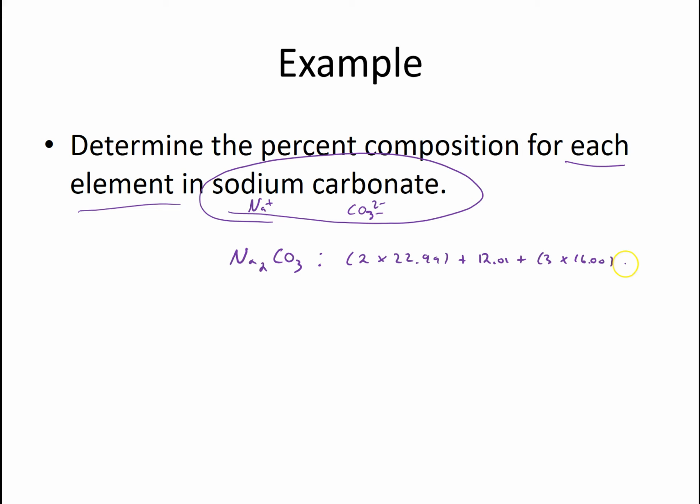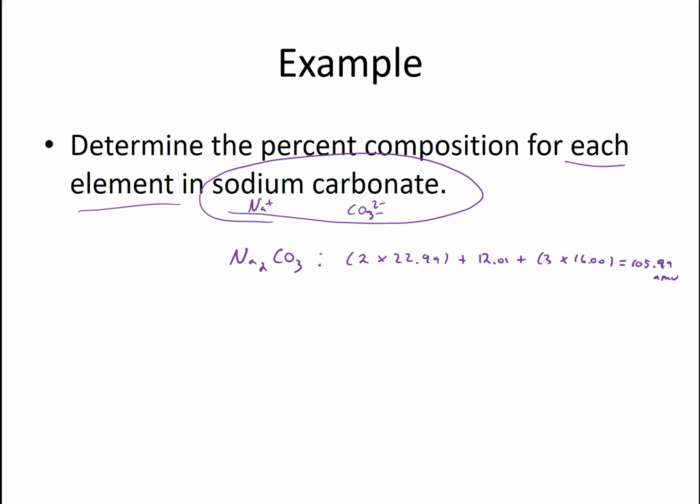When I do that, my molecular mass should come out to 105.99 AMU. If that was molar mass, of course, that'd be 105.99 grams. So what I've just figured out there is my total mass.